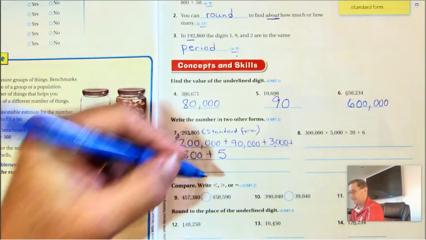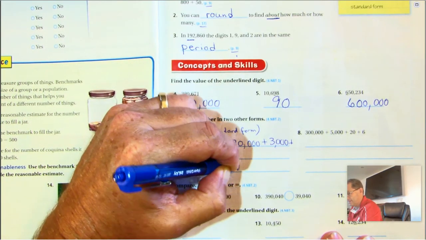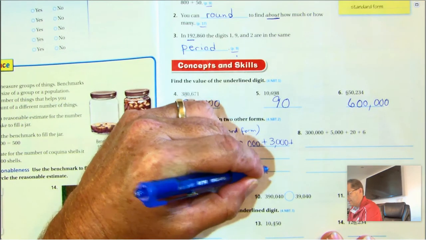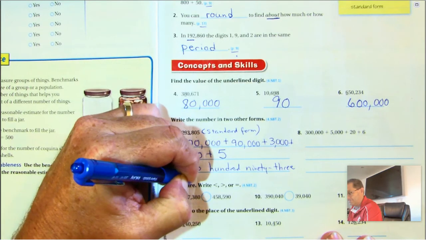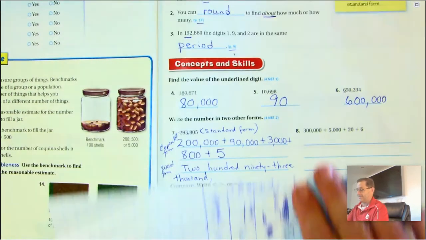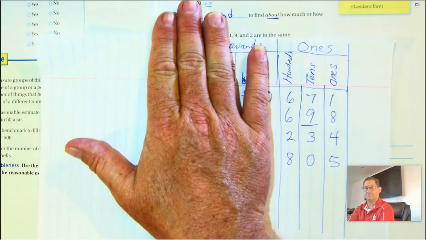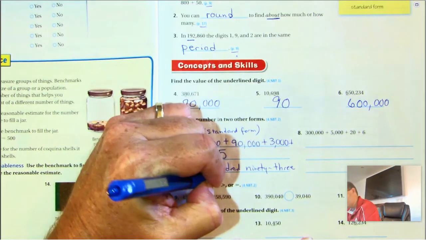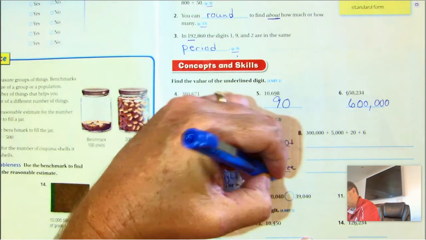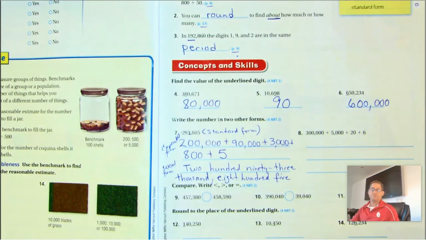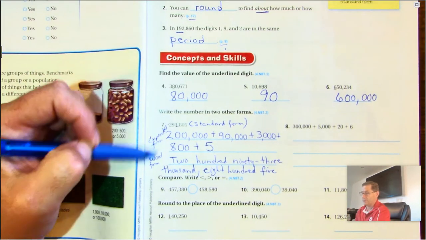So let's write that. 200 93,000. And then look at the second part of it. 805. Okay, so we've written that 3 different ways. They gave us the first one, and we wrote it 2 different ways.